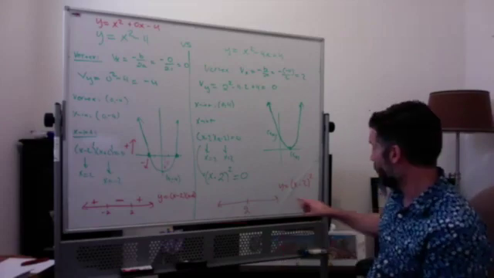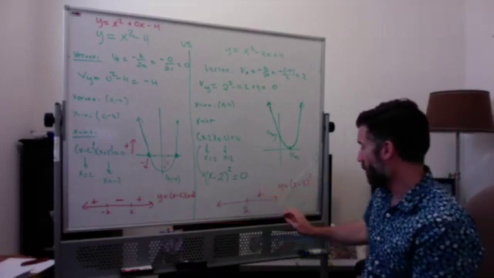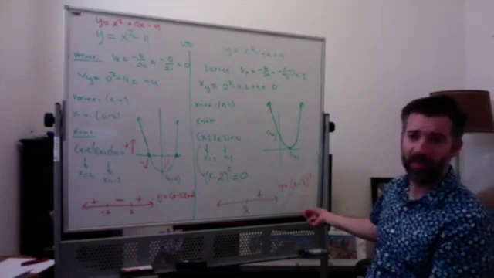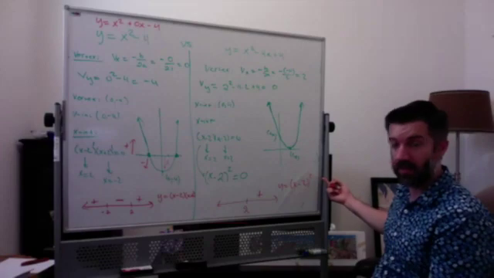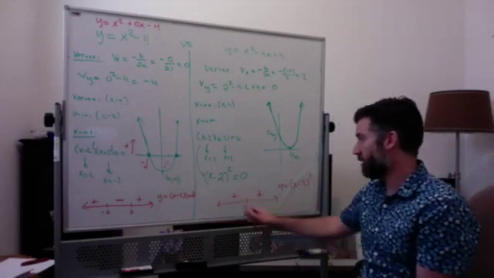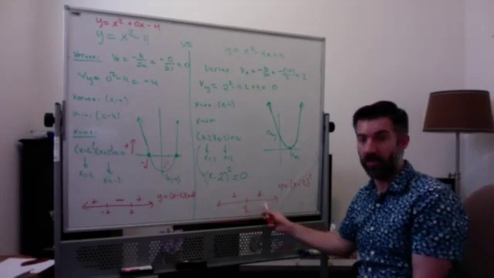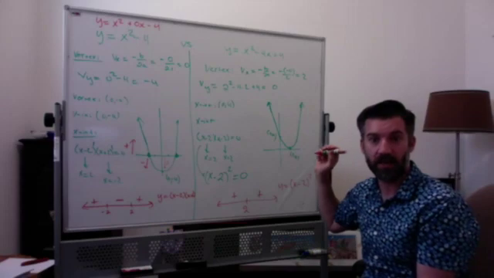So if I plug in 3, 3 minus 2 is 1, and 1 squared is positive. If I plug in 0, 0 minus 2 is -2, and -2 squared is also positive. It's +4. So here, since the sign doesn't change, when we go from this side of our intercept to this side of our intercept, we are bouncing off. We're staying on the same side of the x-axis.